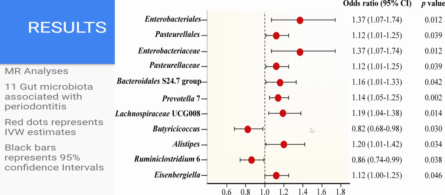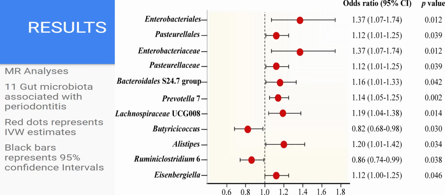The microbiota that show an odds ratio more than 1 indicate the risk of periodontitis, which are 9 over here, like these more than 1. And the two of them you can see over here have less than 1 odds ratio.